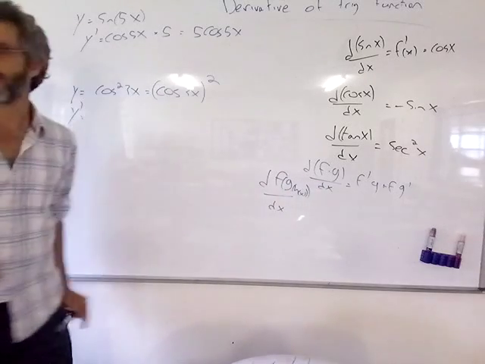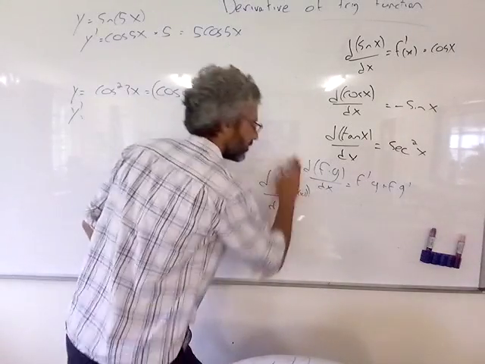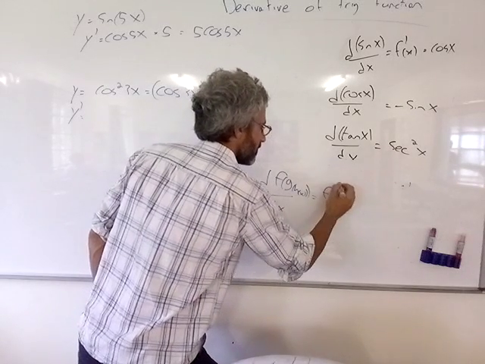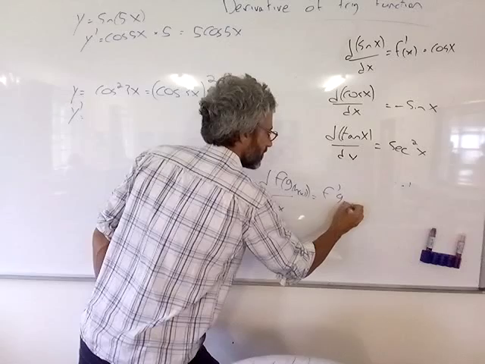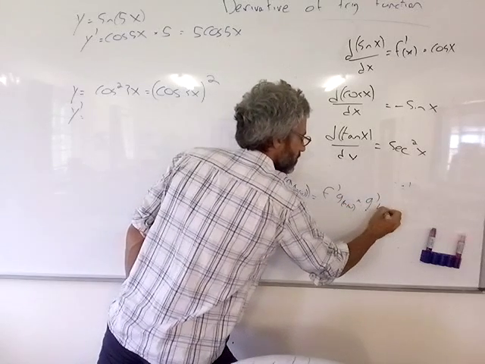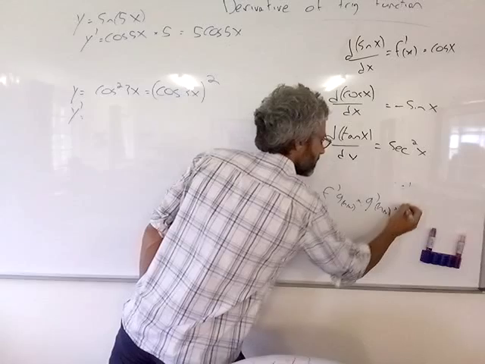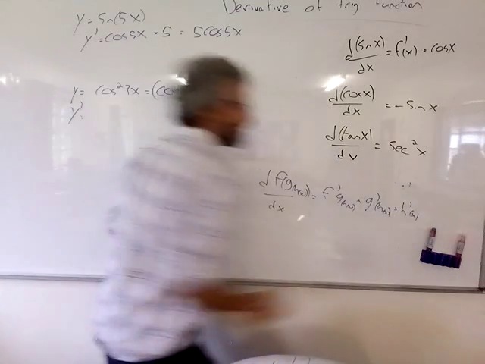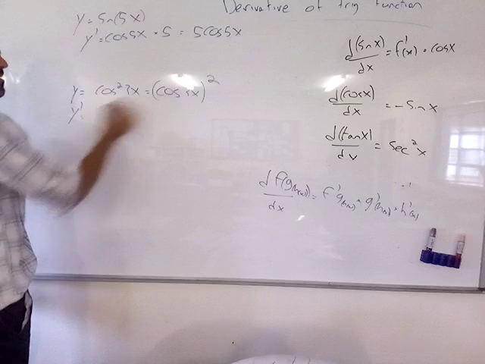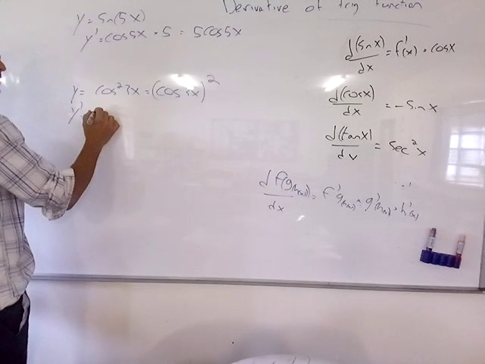I've got 3 layers of babushka, okay? So it's going to be the derivative of f of g of h of x, times the derivative of g of h of x, times the derivative of h of x. It kind of makes sense. You just get used to it, okay? So what will be the derivative of the outer function?